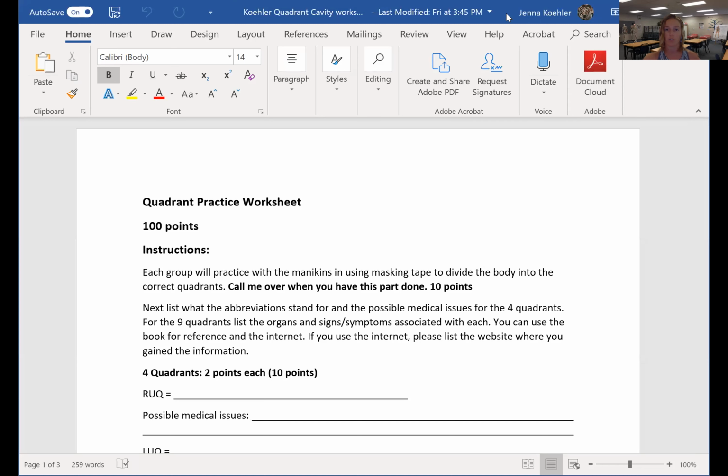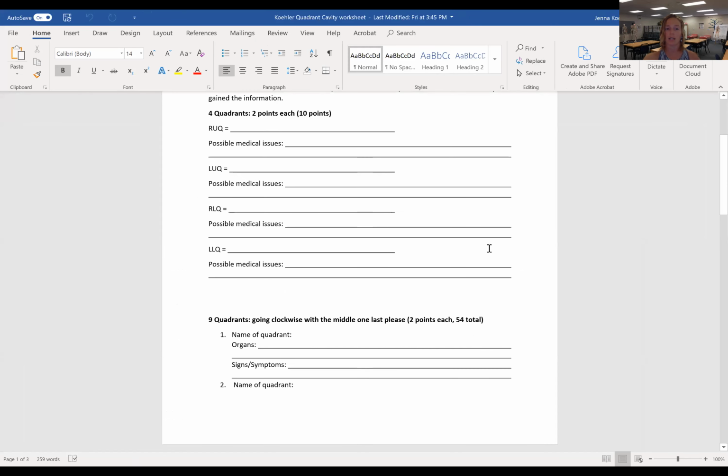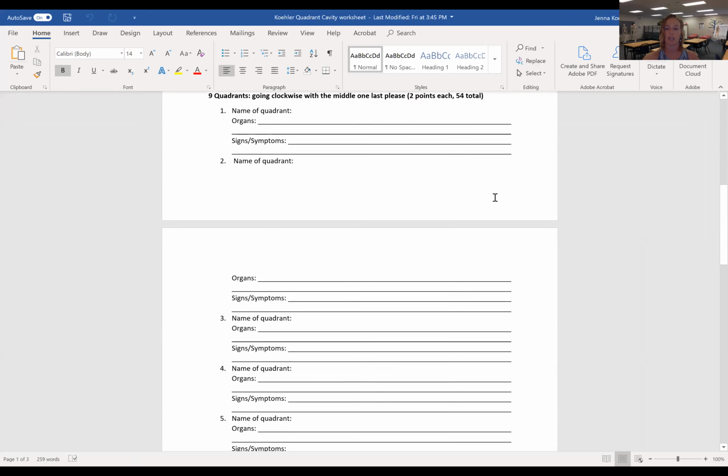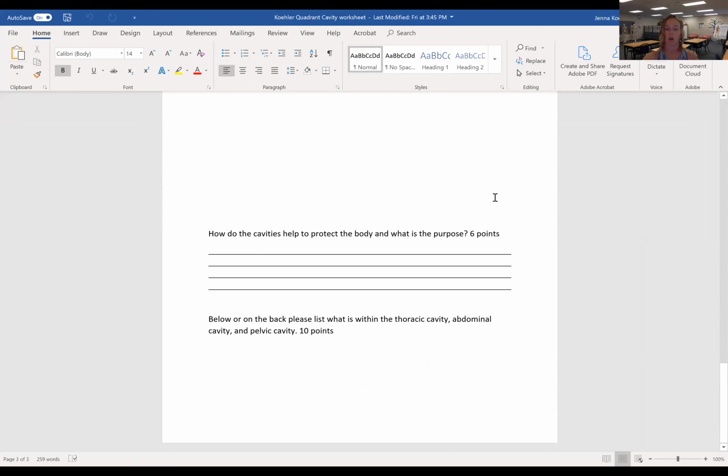Okay, so usually my classes are 2 hours in length, so they would have the rest of the hour to work on their videos, and then we go over the worksheet, and this is the worksheet for them. So they just work on identifying, labeling, and being able to compare and contrast and draw.